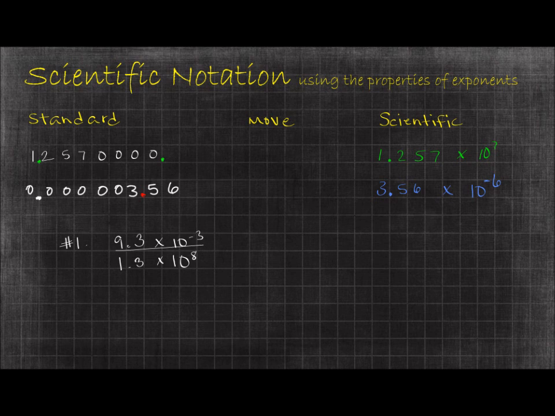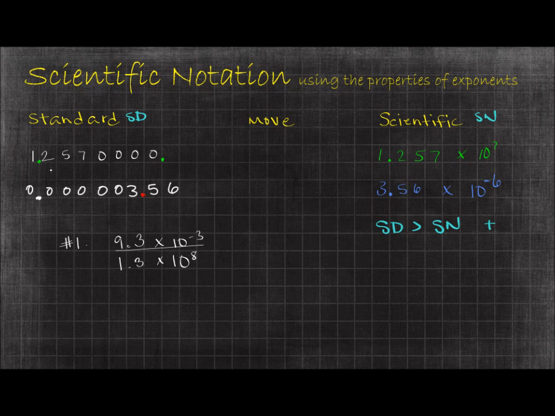Now, I find my students have a hard time remembering whether you're going to have a positive number or a negative number. And here's how I always remember: if your standard number is bigger than the scientific notation number, then you're going to have a positive exponent.